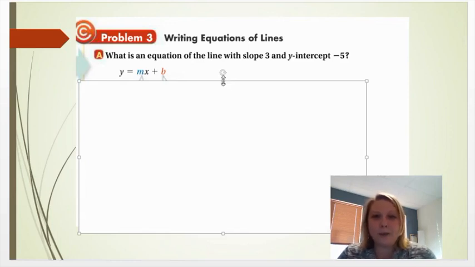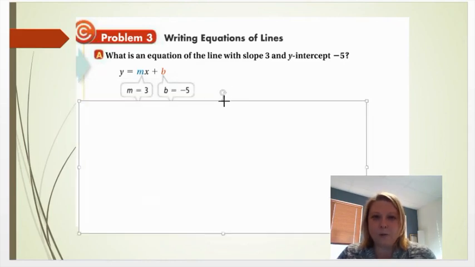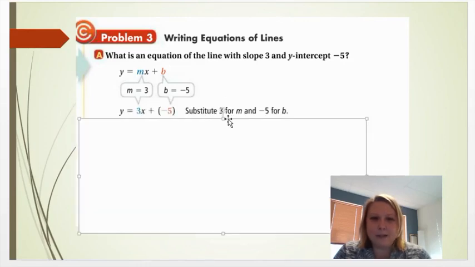So we know the m is 3 and the b is -5. That's what was given to us. So let's plug it in and see what happens. So we have y equals 3x plus a -5. Hopefully everybody's with me at this point.